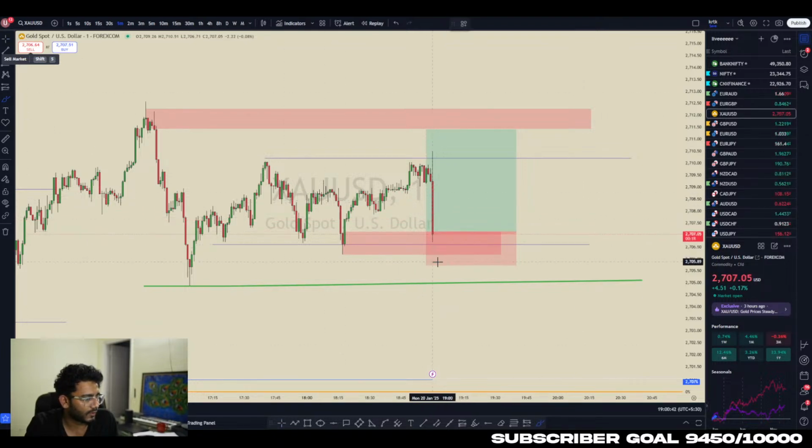So what I like to do is, right now I will not enter here. I will wait for price to induce this low, and then it will create new structure. Then I'll decide where to take entries.